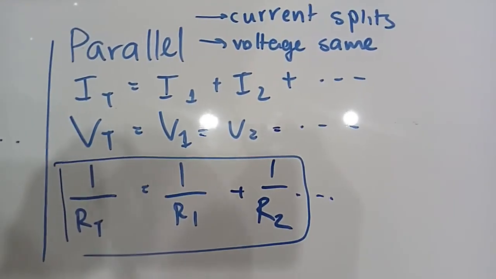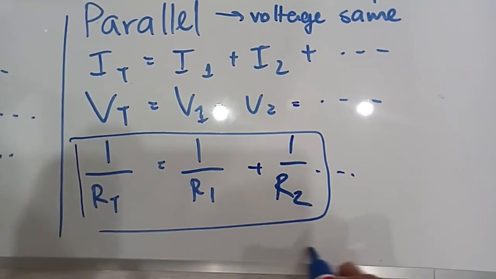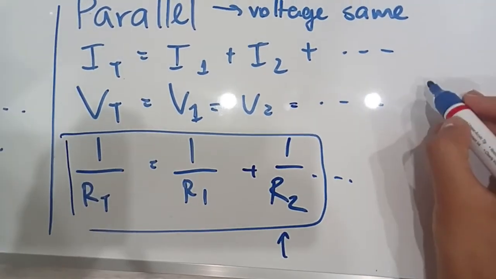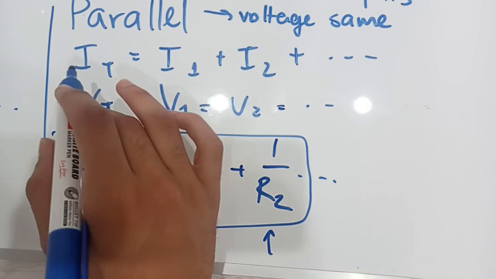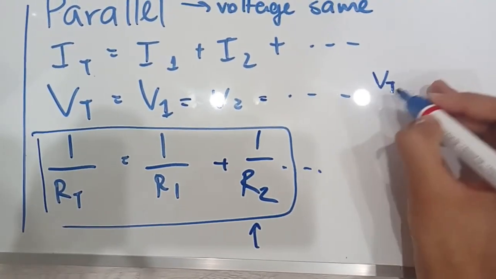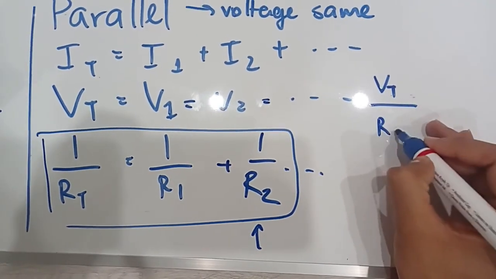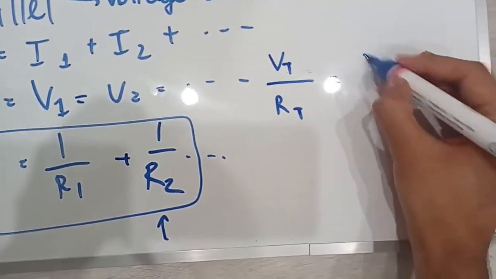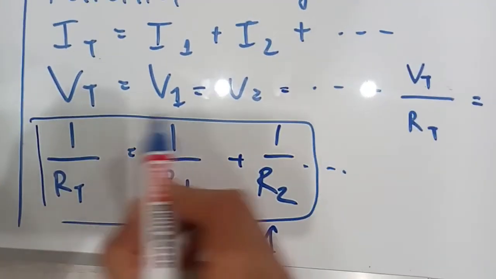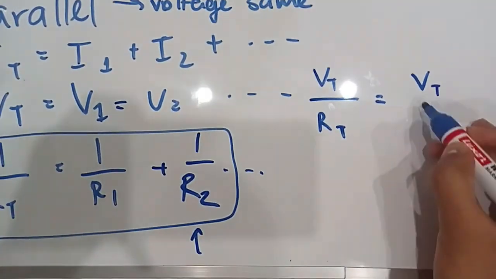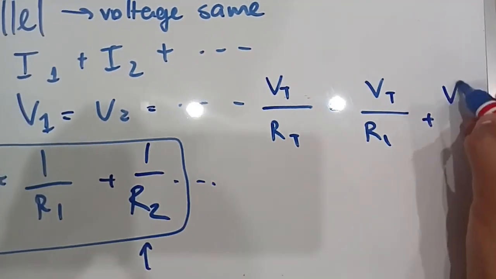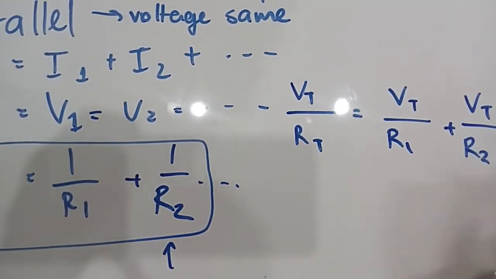But you may ask, why is this? Let's find proof for this. We can agree that the current splits. Another way we can write current is voltage over resistance. So voltage total over resistance total is equal to voltage 1, which is voltage total because voltage remains the same, so I can just write voltage total over resistance 1 plus voltage total over resistance 2.